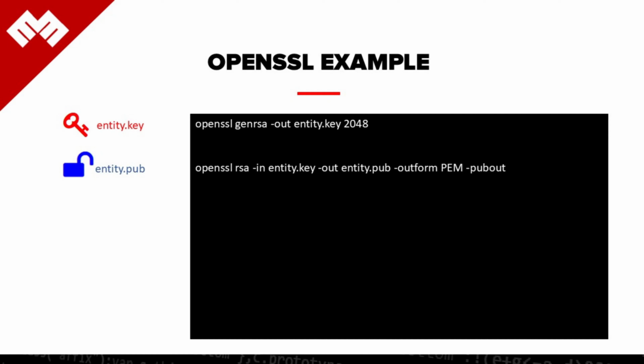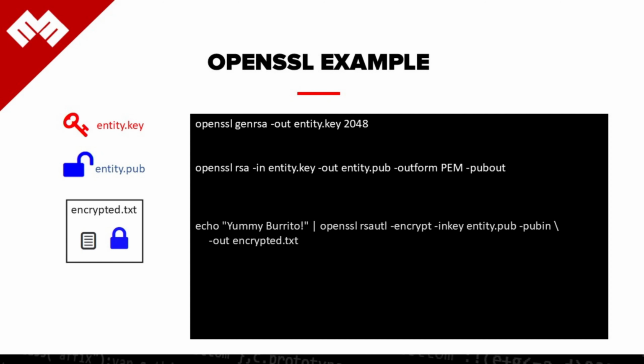And now we are ready to encrypt and decrypt the message. Let's say I want to encrypt the message Yummy Burrito. I can pass this phrase over to the OpenSSL rsautl command and use the entity.pub public key to encrypt the message and save it as encrypted.txt.